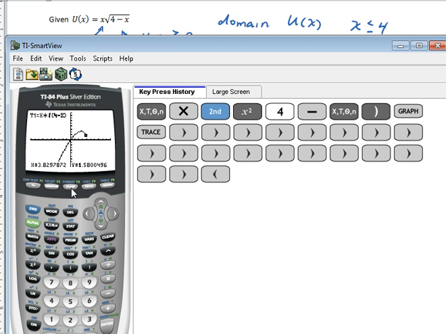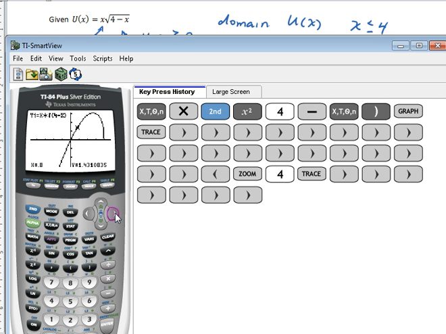This is a problem with the distribution of the pixels on the screen and can be corrected by using a special zoom feature, zoom decimal. So I pressed the zoom key. Now I'm going to press 4 for decimal. And we get a slightly smaller window, but a window which does show us, if we press trace, that the graph is in fact defined at x equals 4.